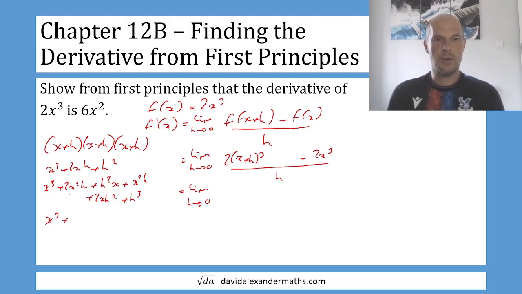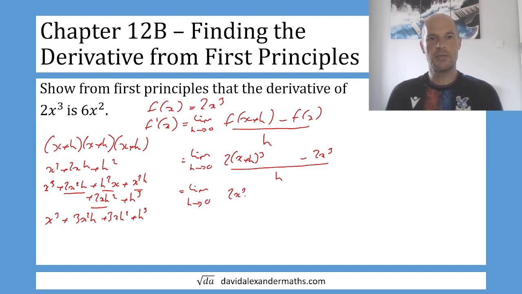So remember that an x squared h is the same as an hx squared, so there's 3 there, plus 3x squared h plus 3xh squared plus h cubed. Okay, and then it's 2 lots of all of that, so I'll just write that in, but double it all. So that's 2x cubed plus 6x squared h plus 6xh squared plus 2h cubed minus 2x cubed all over h.